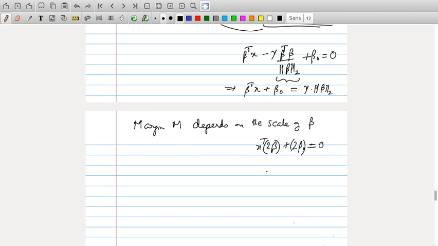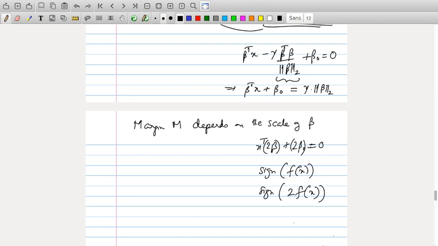The classifier will be the same, in the sense that sign of f of x is the same as sign of 2 times f of x, right? Because the 2 factor just comes out, right?